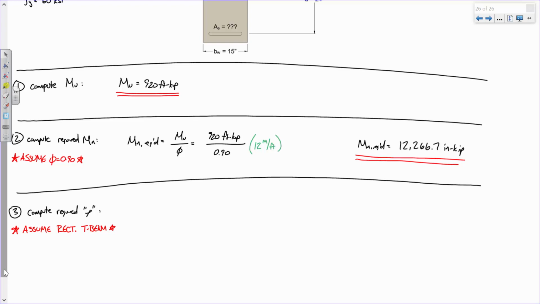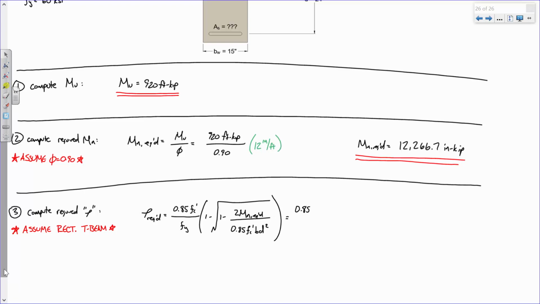So at this point, this might become a formula that you can just kind of write out. 0.85, hopefully it starts to become a little bit based on memory. 1 minus the square root of 1 minus 0.85 f'c b d squared... 2 Mn required. Remember, there's 2 1-minuses.